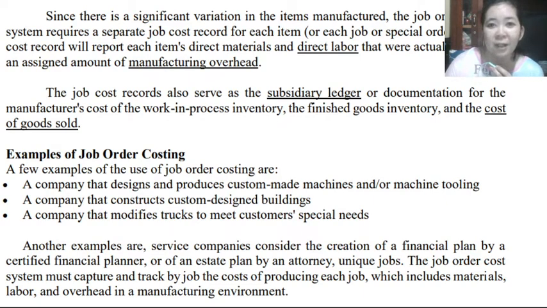So those are some of the common examples of job order costing. They are rendering or offering services to us to have a specific feature on the product that they sell.